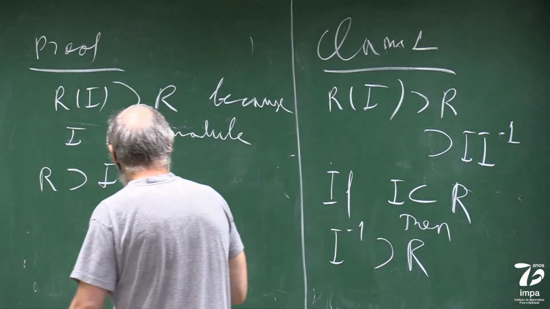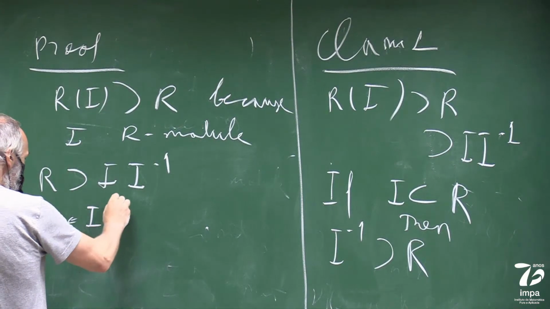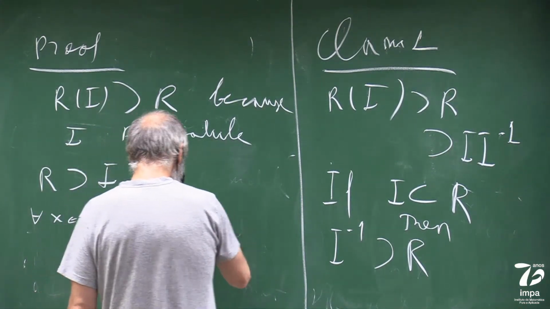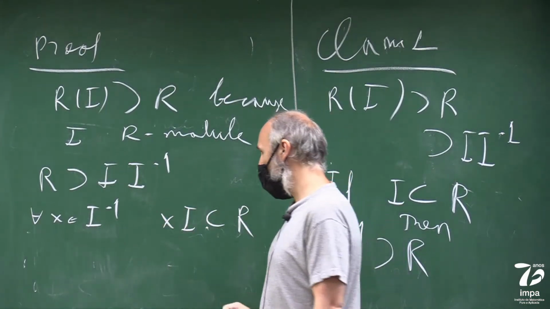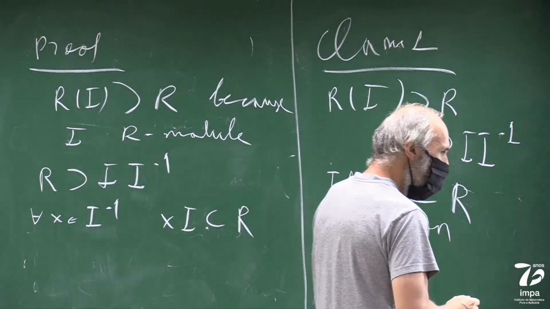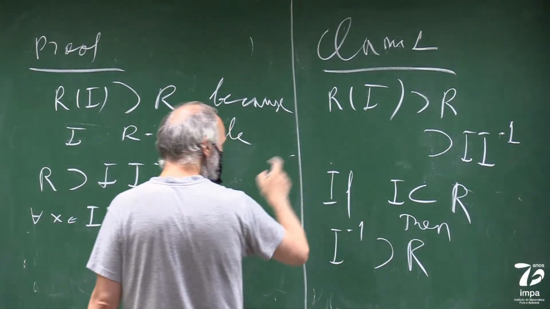It's by definition of I minus 1, because for each x in I minus 1, xI belongs to R. Okay, this is the first claim.